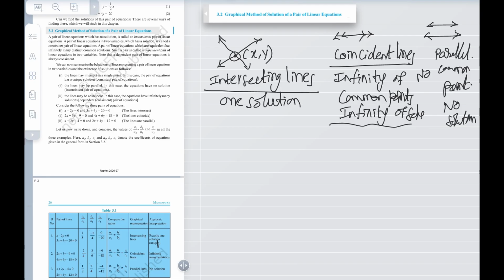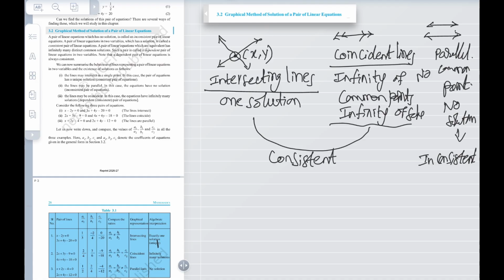Those equations having a solution, we call consistent. Those not having a solution, we call inconsistent.